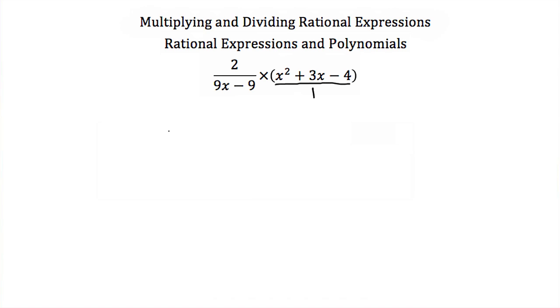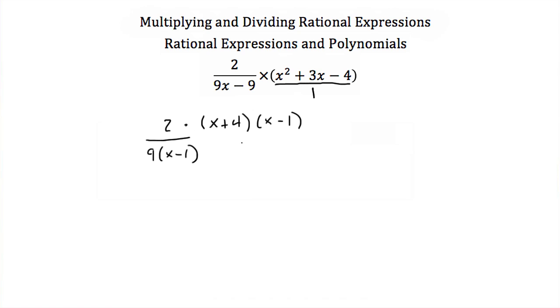So this is going to be 2 times, now my factors of x squared plus 3x minus 4 would be x plus 4 and x minus 1. Now in my denominator of my rational expression, I can take out a greatest common factor of 9, and I'll have 9 times x minus 1.